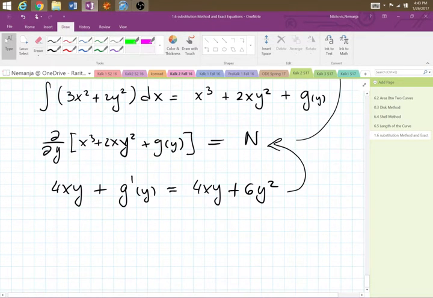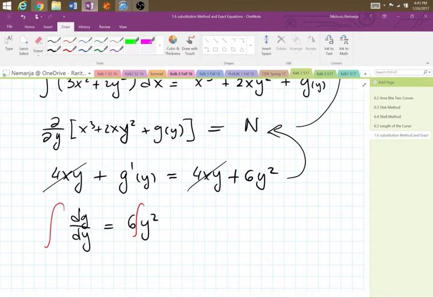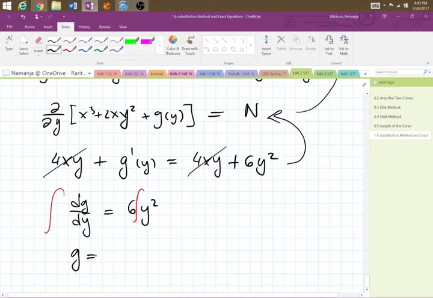So now you see that these terms die, and you have that dg/dy is equal to 6y squared. Integrate both sides, boom, boom, moving dy first, obviously, a separable equation. We get that g is equal to 6 over 3, so 2y cubed plus c. Now this time you have the vanilla integral, which means you have your plus c.